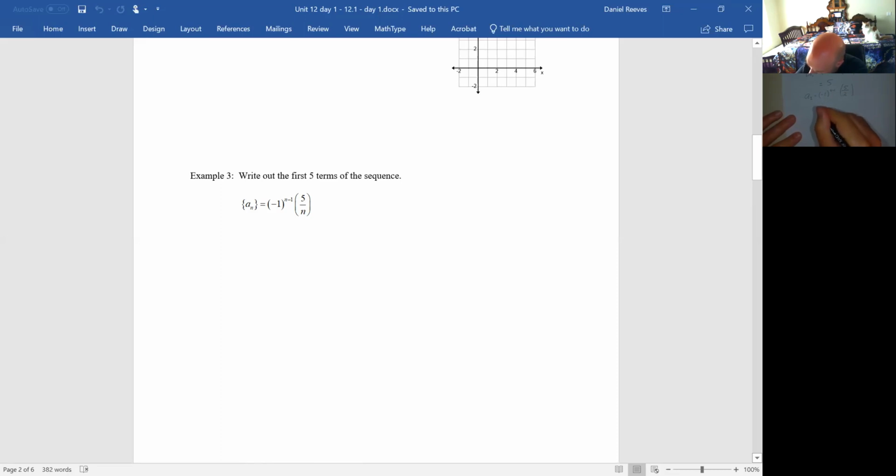If I do that all out, I get negative 5 halves. My next one without doing any work is going to be positive 5 thirds. And then I will go to negative 5 fourths. And finally on to 1, although I'll continue the pattern and write it as 5/5. Okay.